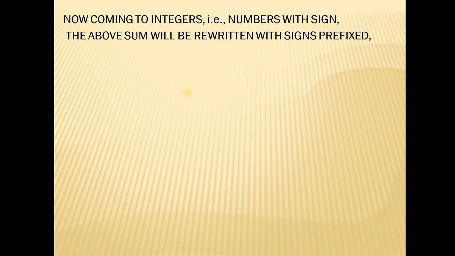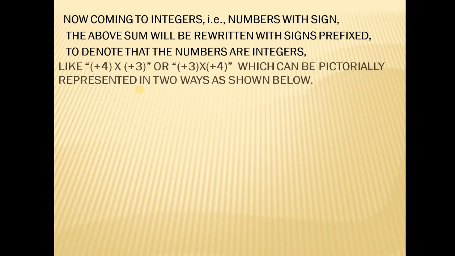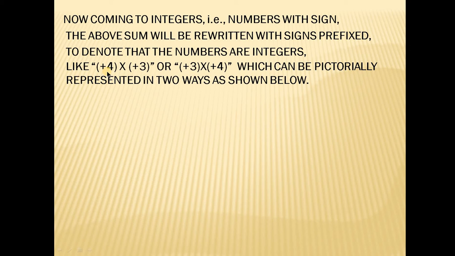The above sum will be rewritten with signs prefixed to denote that the numbers are integers. The same thing, 4 3s are, 4 into 3, written. When you come to integers, in the first and foremost step, you will have to rewrite the numbers with their signs prefixed: plus 3, plus 4. If it is any minus sign, it will be there; you need not write it again.